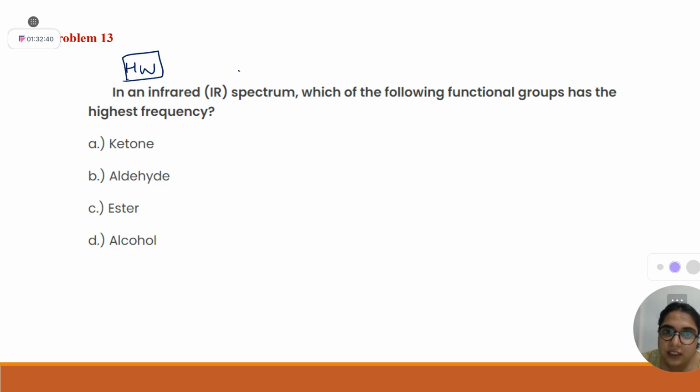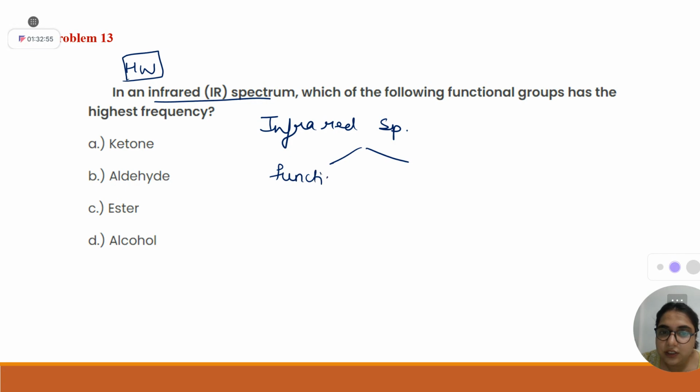You should go through sir's slides and read about IR spectrum, infrared spectroscopy. Let me recall for you, it has two regions: the functional group region and the fingerprint region.